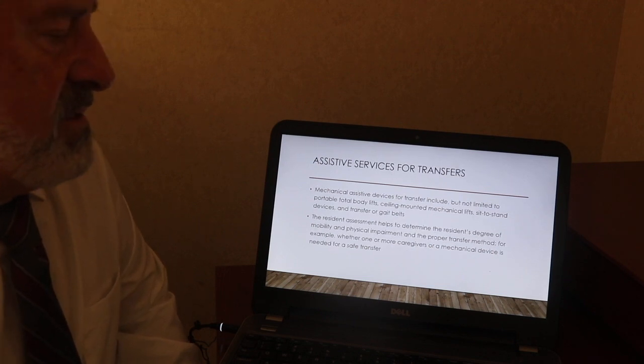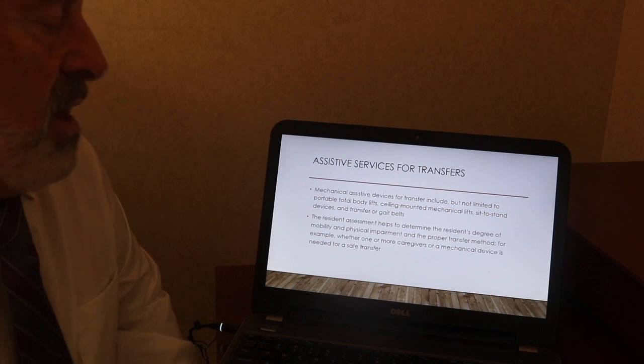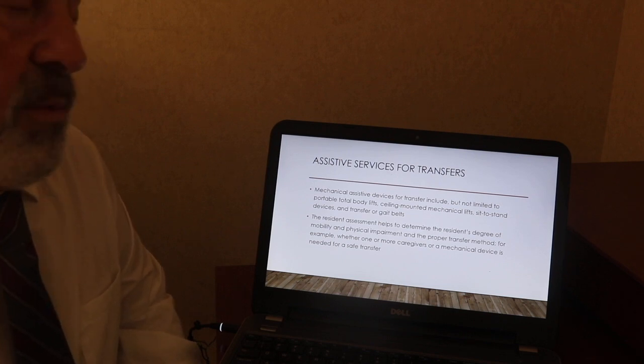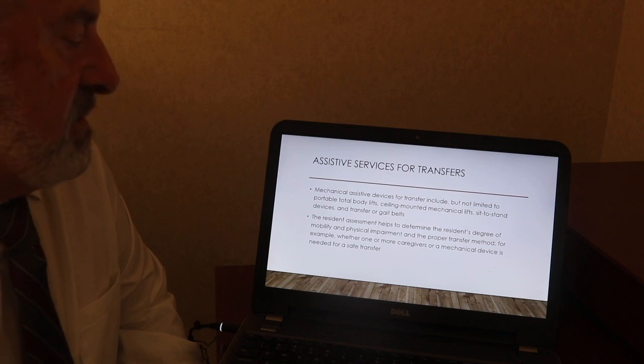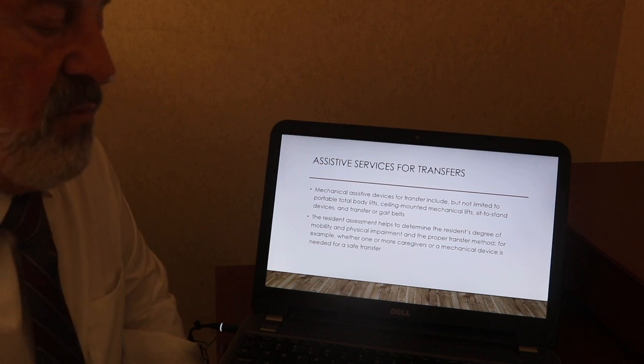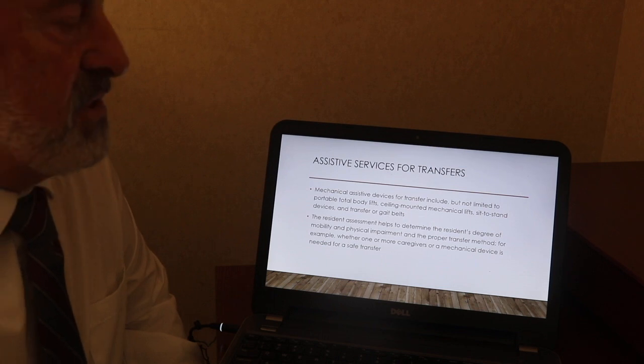Mechanical assistive devices for transfer include but are not limited to portable total body lifts, ceiling mounted and mechanical lifts, sit-to-stand devices, and transfer or gait belts. The resident assessment helps to determine the resident's degree of mobility and physical impairment and the proper transfer method, for example, whether one or more caregivers or a mechanical device is needed for safe transfer of the particular resident.